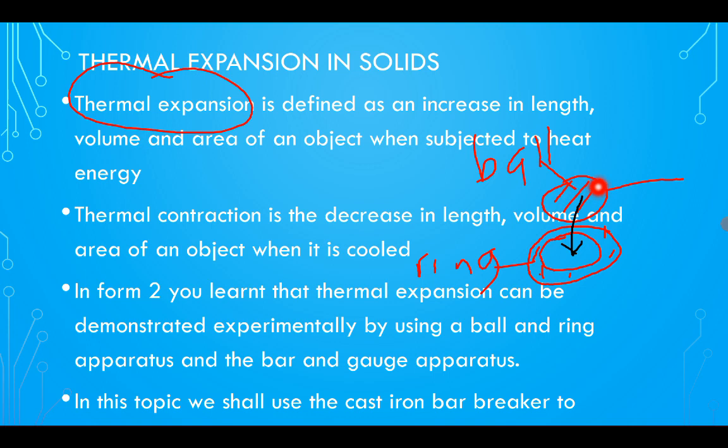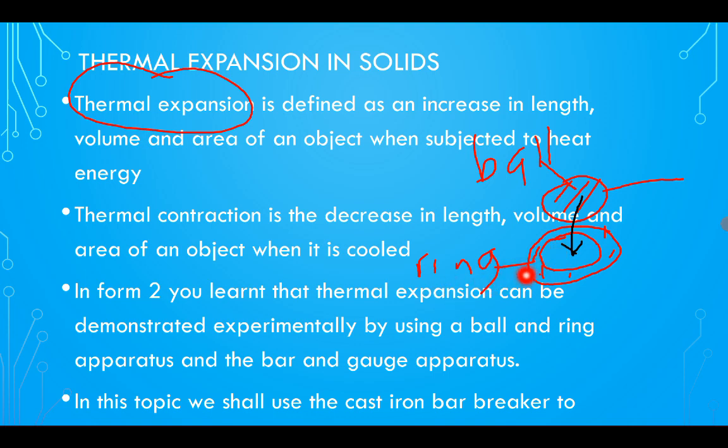Again, when the ball is cooled, it shrinks. Its length, volume, and area decrease, and it is small enough to get through the hole, through the ring. So this is called the ball and ring apparatus.